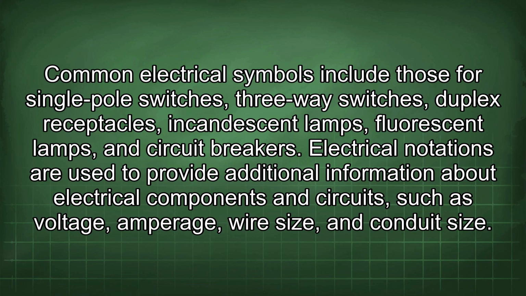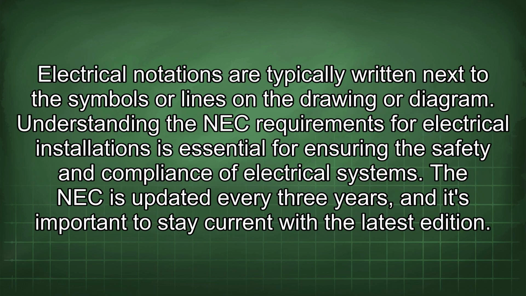Common electrical symbols include those for single-pole switches, three-way switches, duplex receptacles, incandescent lamps, fluorescent lamps, and circuit breakers. Electrical notations are used to provide additional information about electrical components and circuits, such as voltage, amperage, wire size, and conduit size. The electrical notations are typically written next to the symbols or lines on the drawing or diagram.